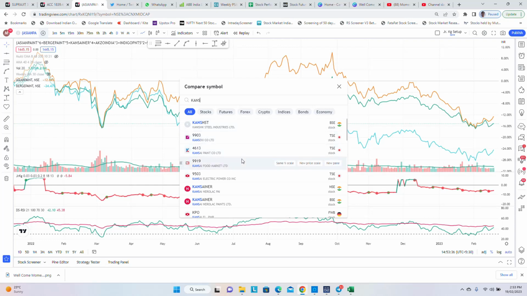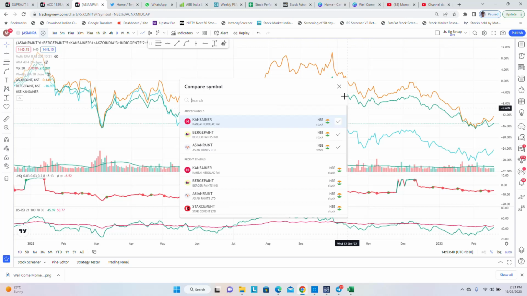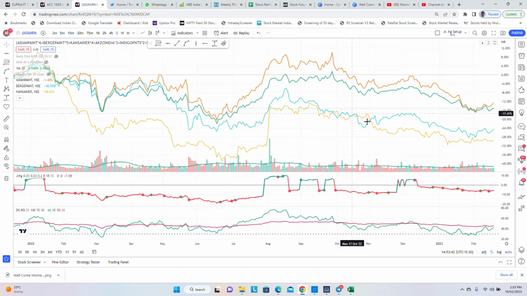If I want to compare how it is performing, Kansai Nerolac is this yellow color. This is furthermore underperforming the index plus Asian Paints.